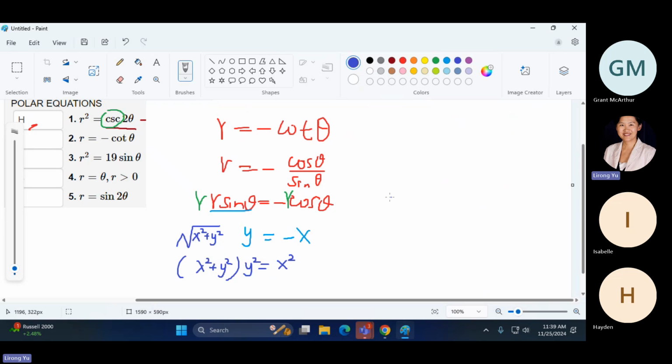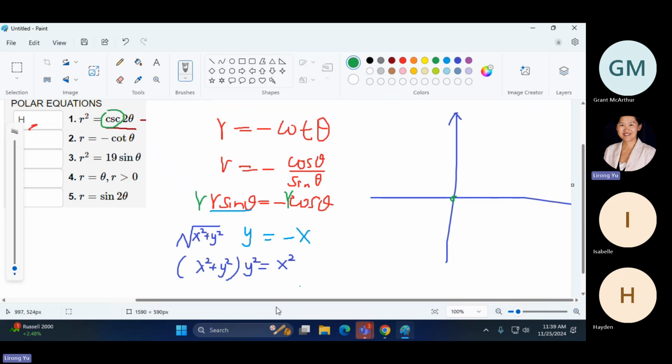How does the picture look? I don't have an immediate visual image in my head. This is showing if x equals 0, y equals 0, so we see the origin.